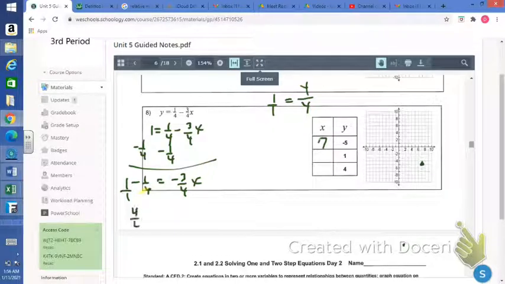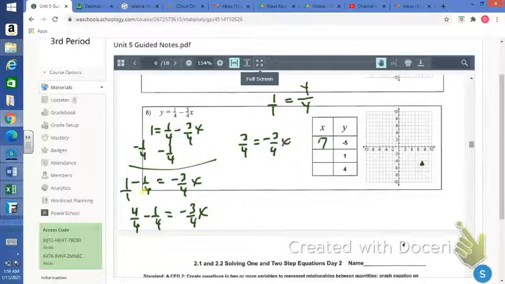So I have 4 over 4 minus 1/4 equals negative 3/4 x. 4 minus 1 is 3. So we're going to have 3/4 equaling negative 3/4 x.